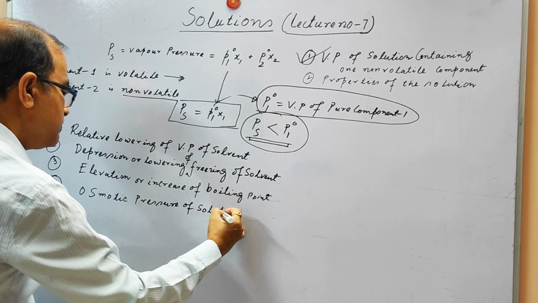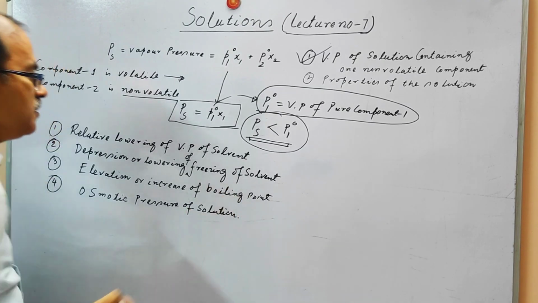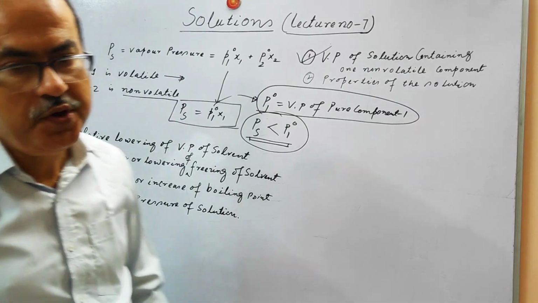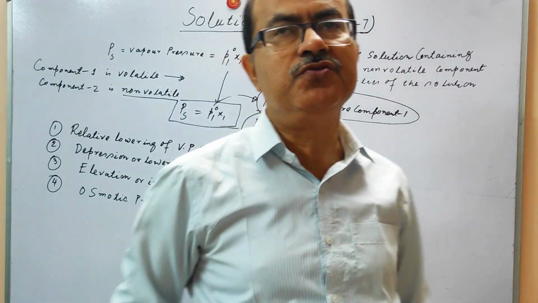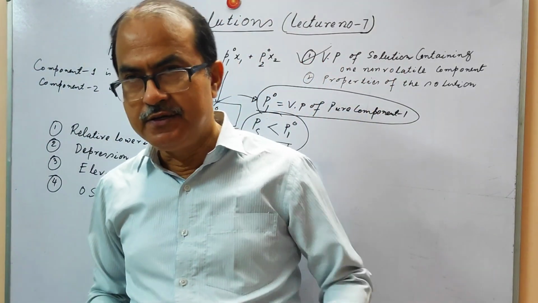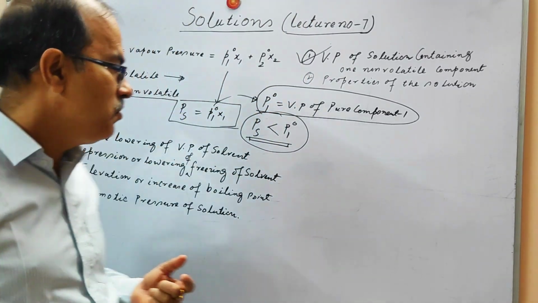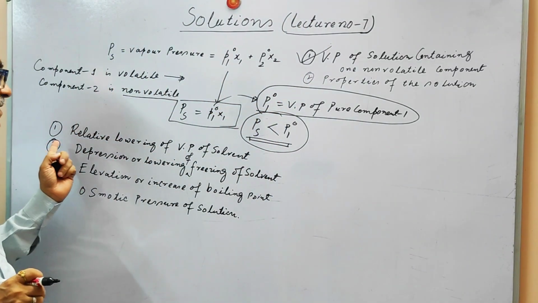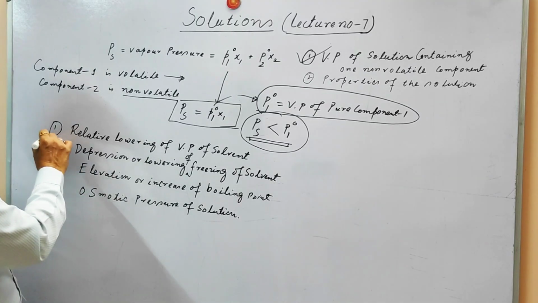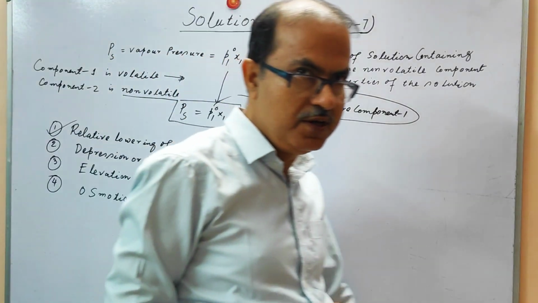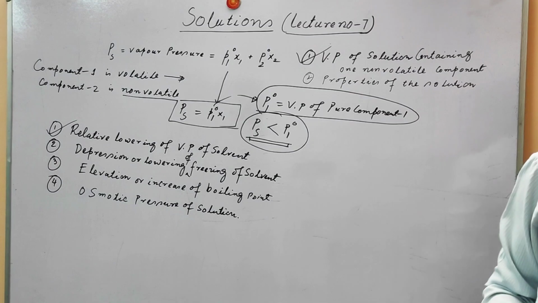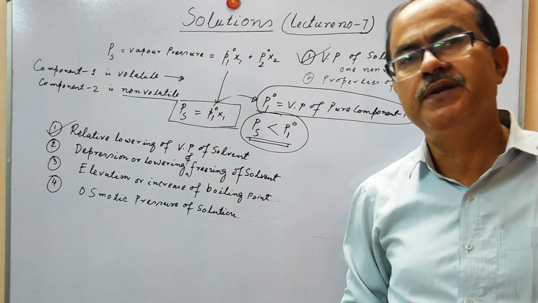So we can understand this reduction in the vapor pressure when we add some non-volatile substance to the solution. It leads to a change in the properties of the solution, or you can say solvent. Number 1 is the relative lowering of the vapor pressure. Second, the depression of the freezing point of the solvent.